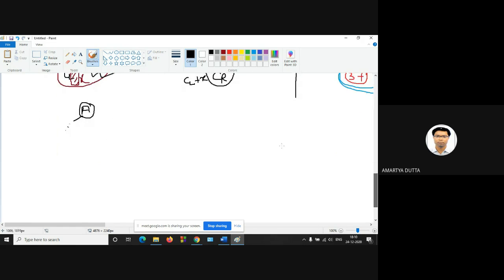So A, and its left one is AL, left subtree, and this is your B. RL means left subtree of right child, so this is your C. And C has two children, CL and CR.